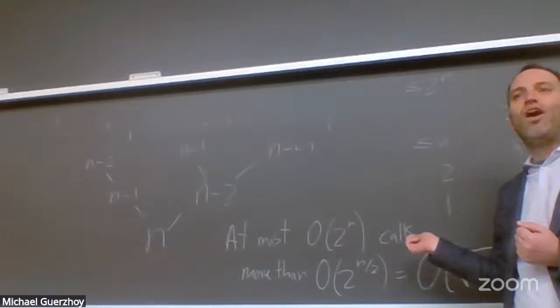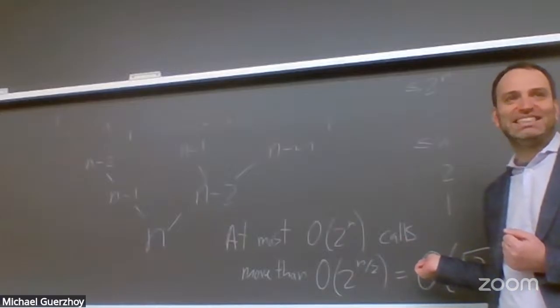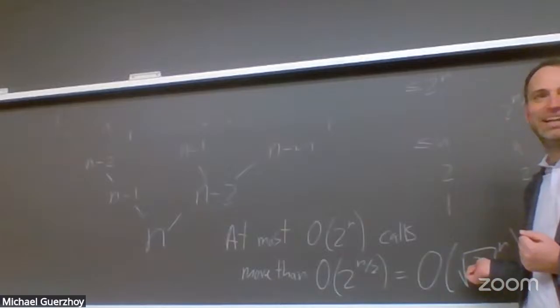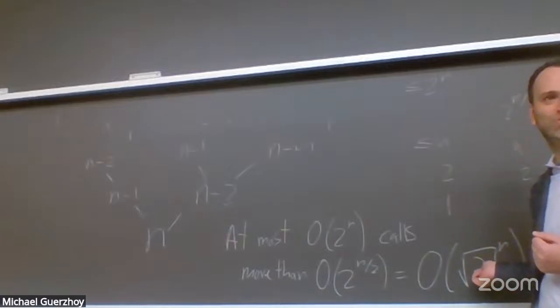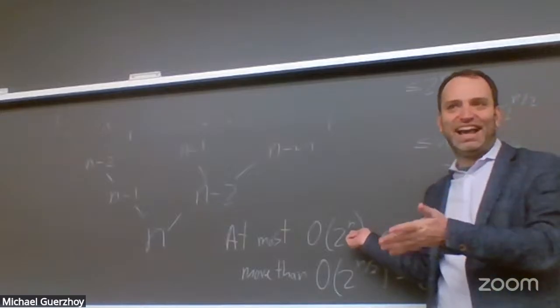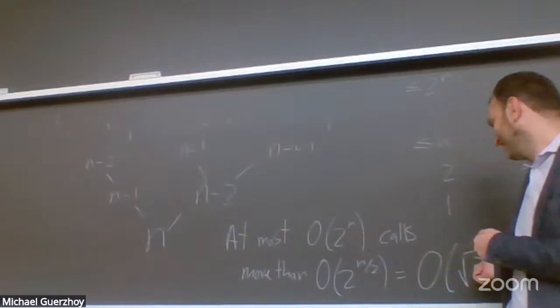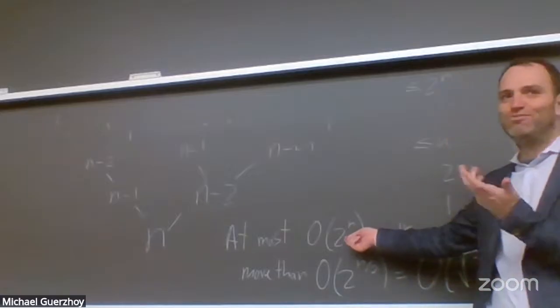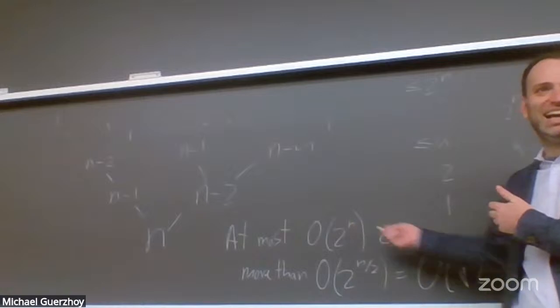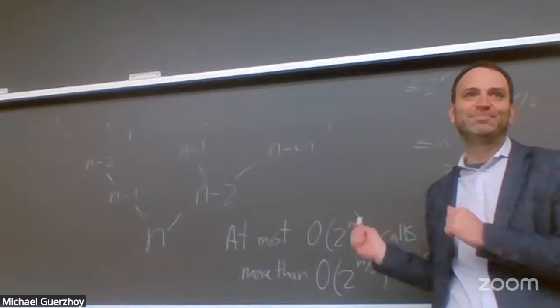Now, this is not a very useful estimate, because there is a big difference between square root of 2 to the n and 2 to the n. Try plugging in 100 to the 1,000 and 10 to the 1,000. Those are very different numbers.